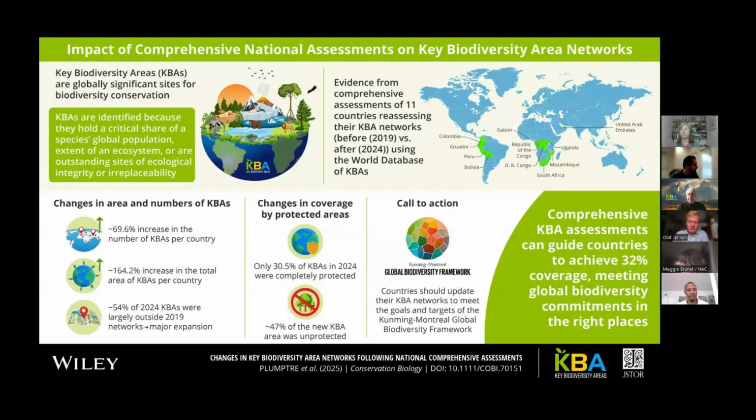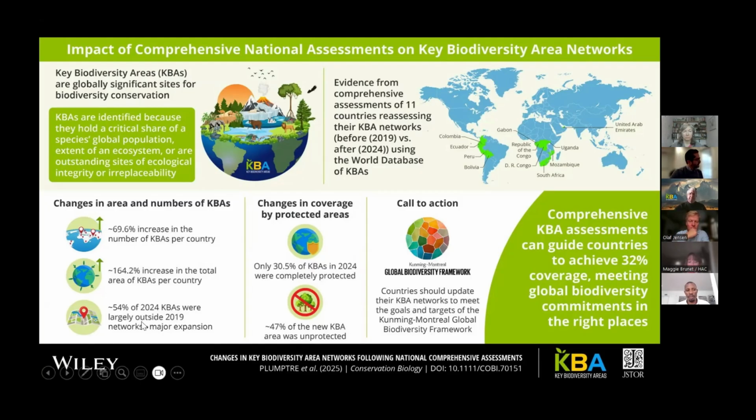And we recently published a paper from 11 countries which have done such an update. What we showed in general is that there's been a 70% increase in the number of KBAs in those countries on average, but nearly 160% increase in the total area of KBAs in those countries.